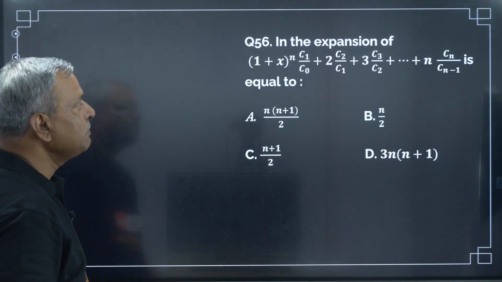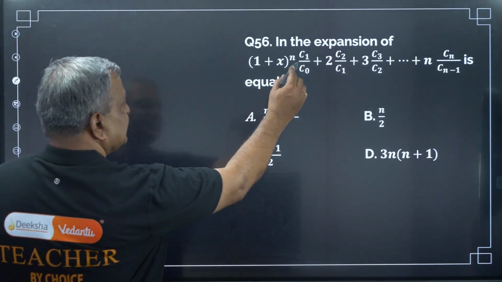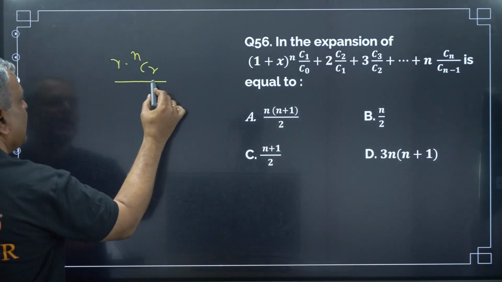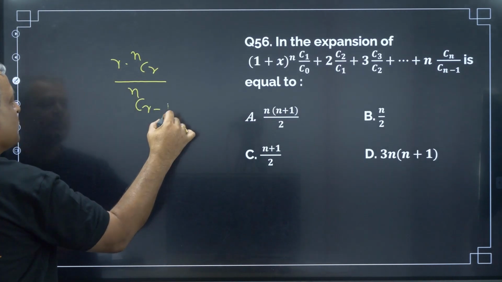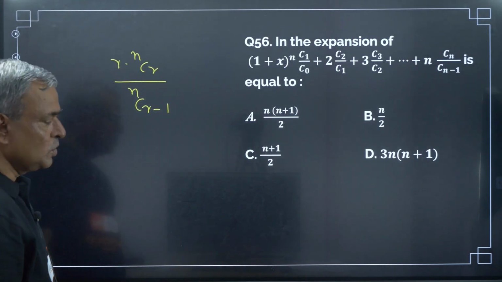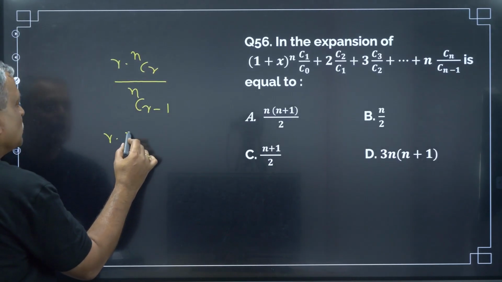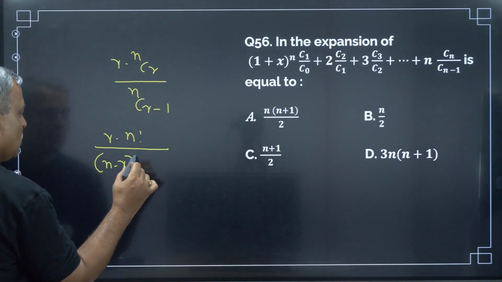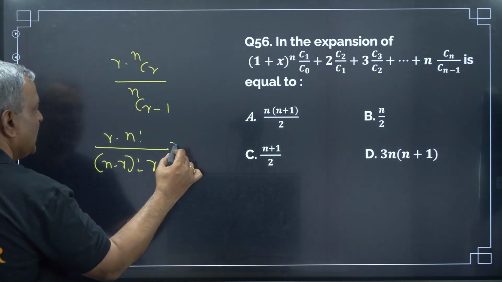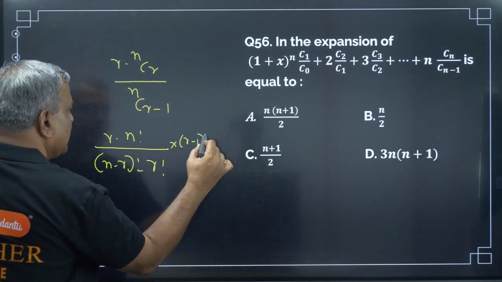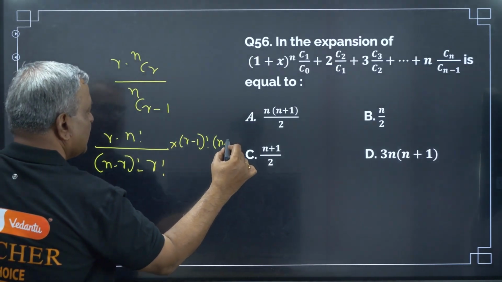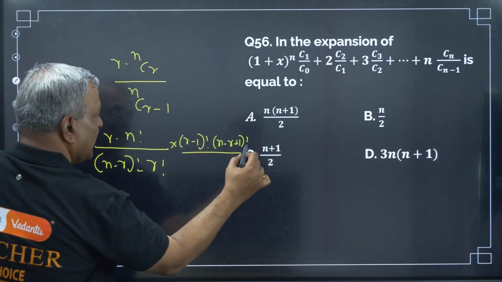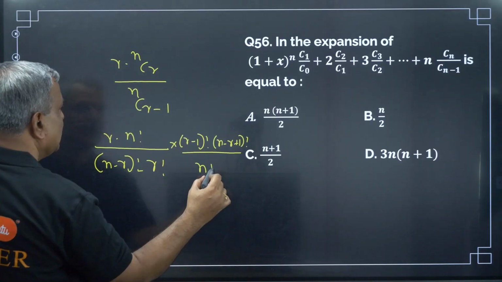It's again a good problem. So you have to generalize the term. What is the general term? r into nCr by nCr minus 1. Okay, so r into n factorial by (n minus r) factorial into r factorial, into (r minus 1) factorial into (n minus r plus 1) factorial, divided by n factorial.